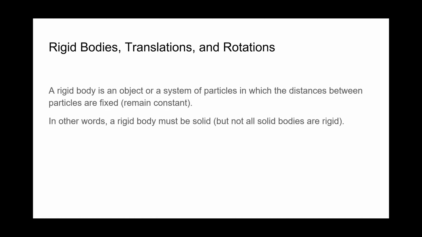A rigid body is an object or a system of particles in which the distances between the particles are fixed. The distances between the particles remain constant, which means for an object to be a rigid body, it has to be solid. However, not all solid bodies are called rigid either.